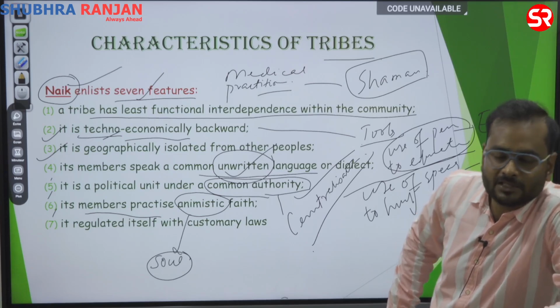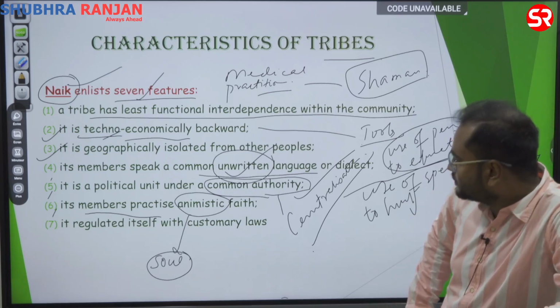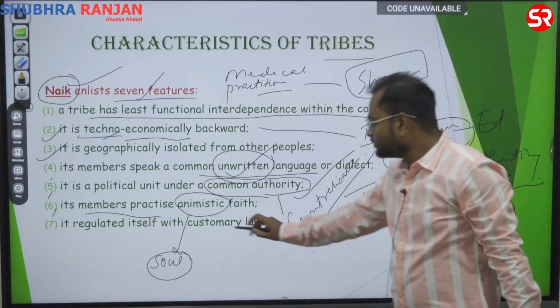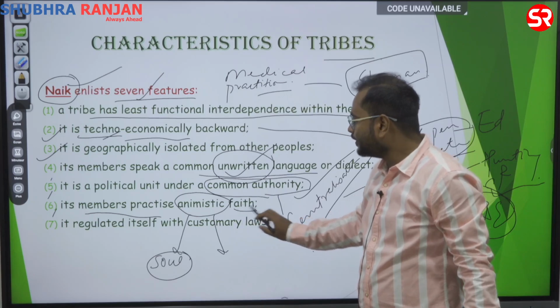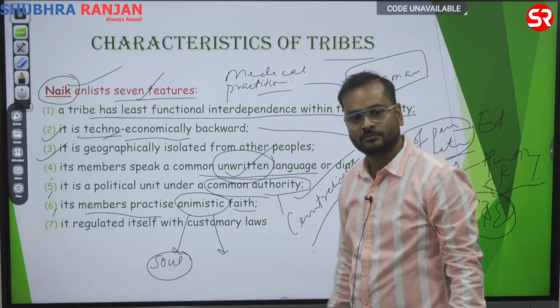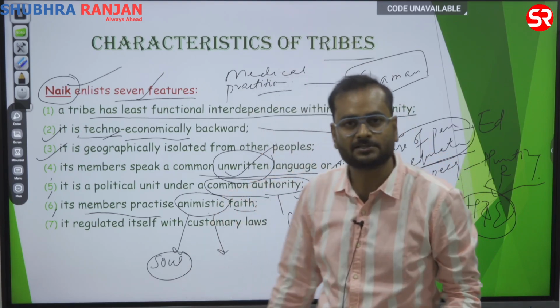But when these religions were of the mainstream structure, a few tribals even today have their faith in animism. Animism is the belief in soul, belief in cultural practices. Okay.